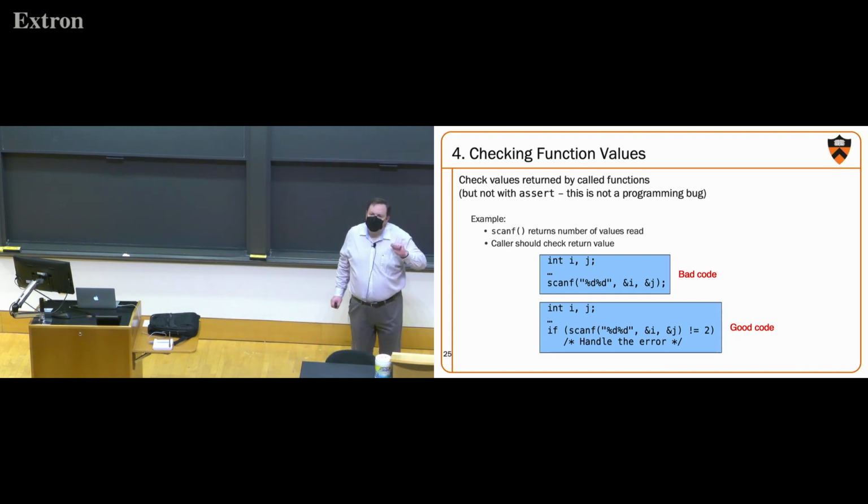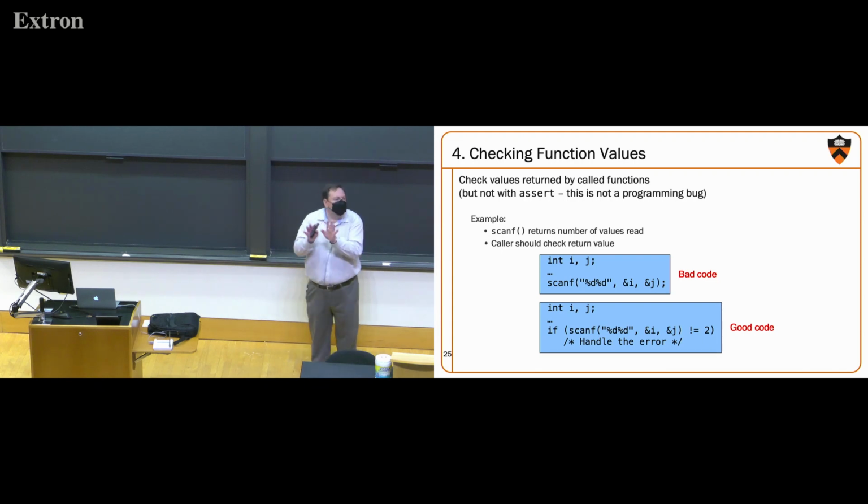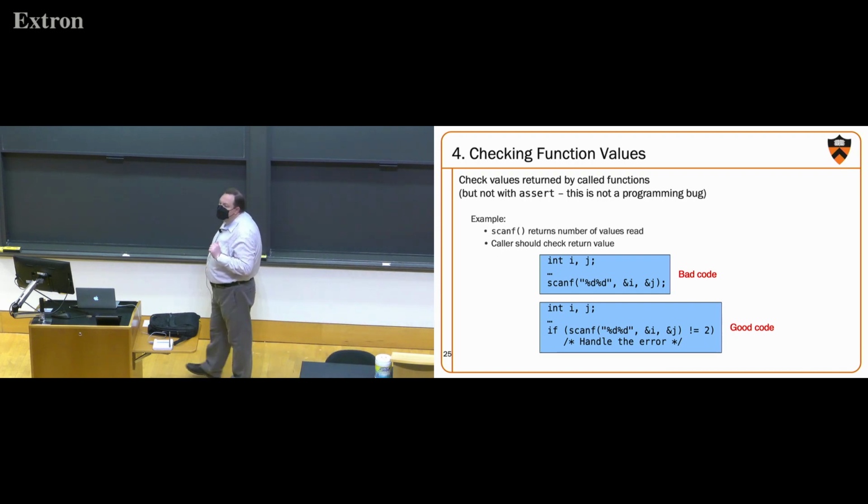This is checking something relating to the user of the code. And I'm sorry, you don't magically get to declare that the user of the code is correct, that the user isn't going to make a mistake. So in this situation, even though it looks like you're similarly verifying function values and things like that, this is a very different situation, and it's not appropriate to use assert right here.